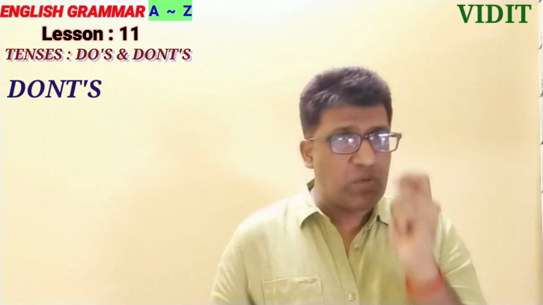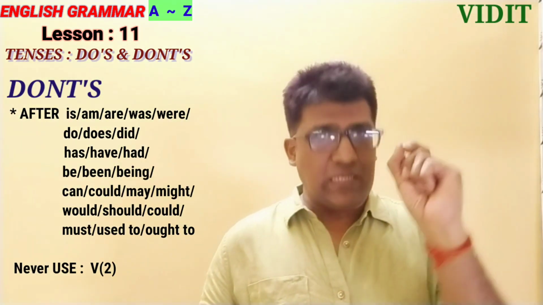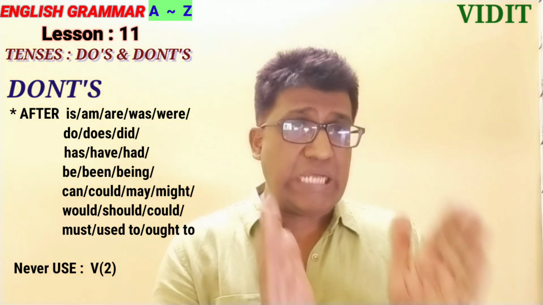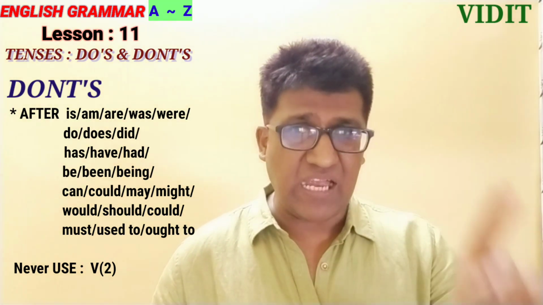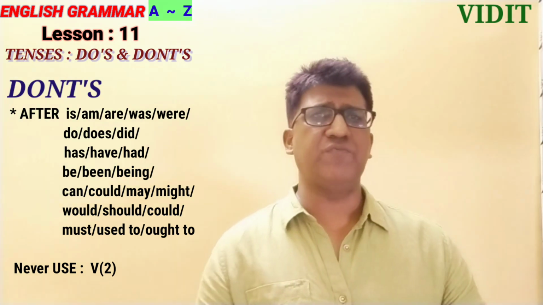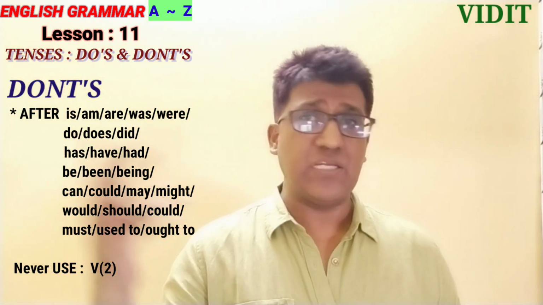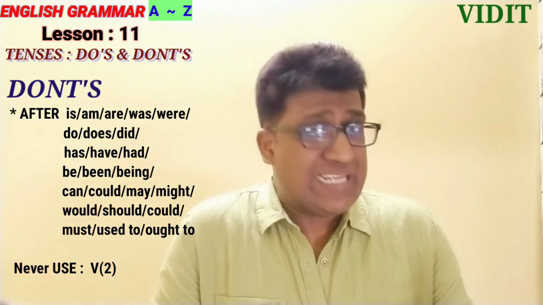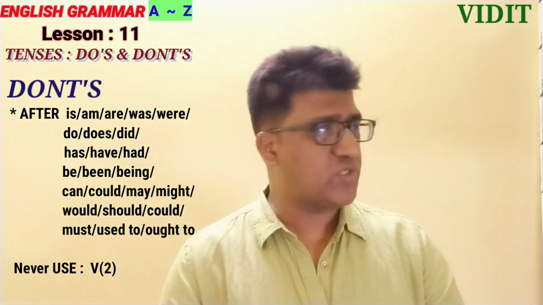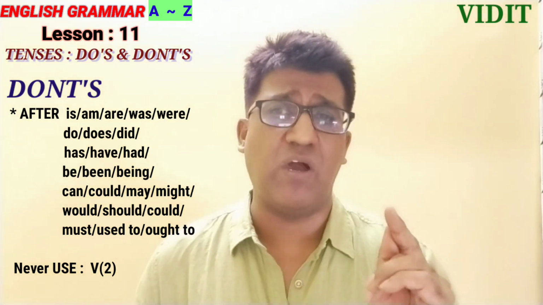And one more don't, which is also very helpful if you understand, is: am, are, was, were, do, does, did, has, have, had, be, been, being. Any of them, meaning any verb, any auxiliaries that we mentioned above also, like can, could, may, might, would, should, ought, dare, etc. Along with all these helping verbs or auxiliaries or modals, we never use the second form.